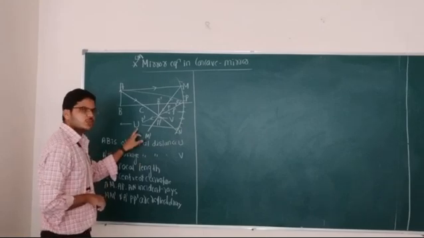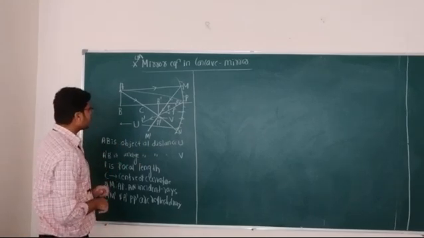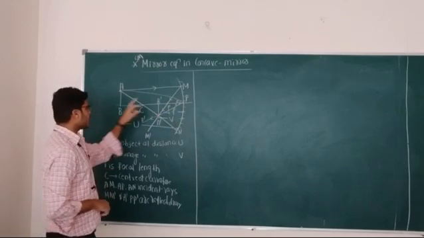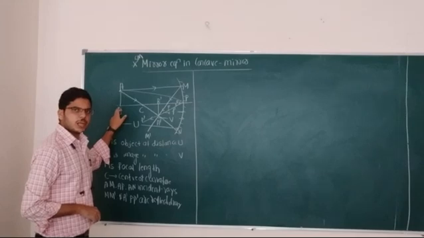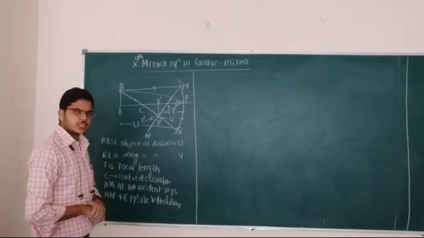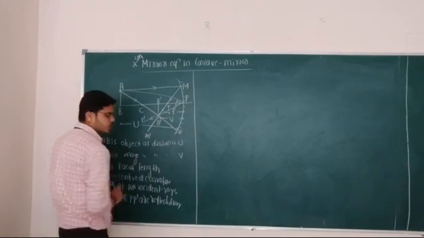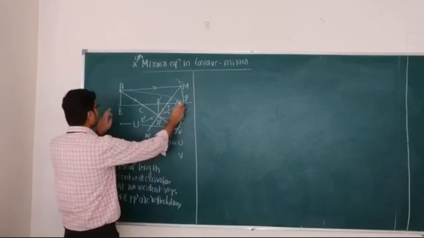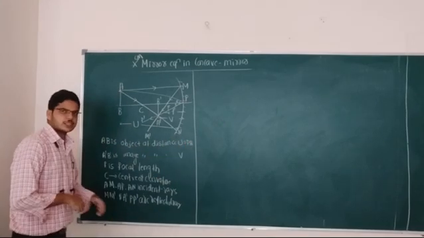Therefore, small u is called the object distance. What is object distance? The distance between the pole and the object placed on the principal axis. Here u is the object distance, that is, P to B.